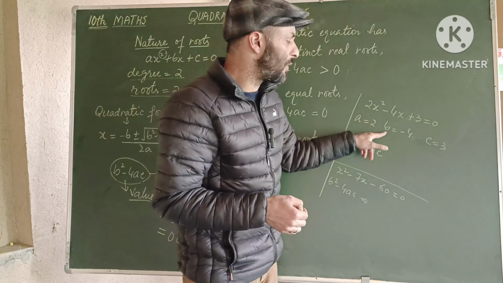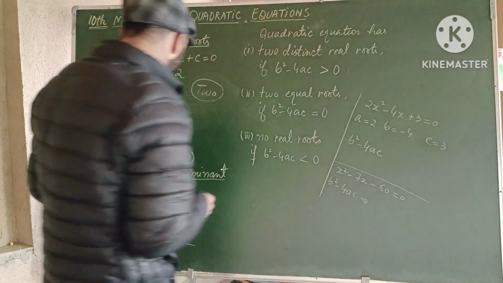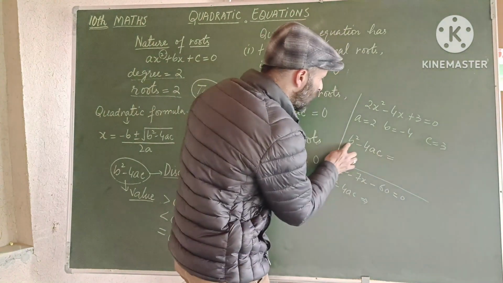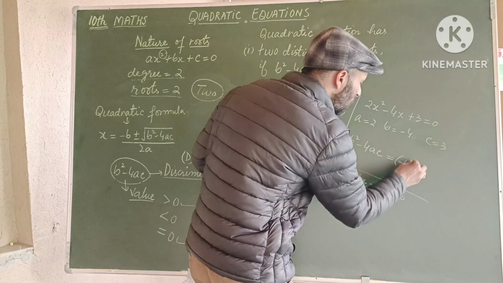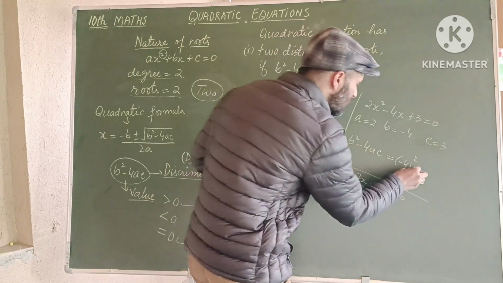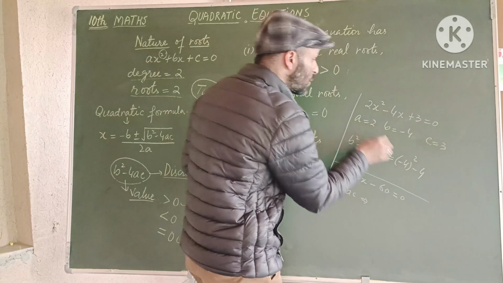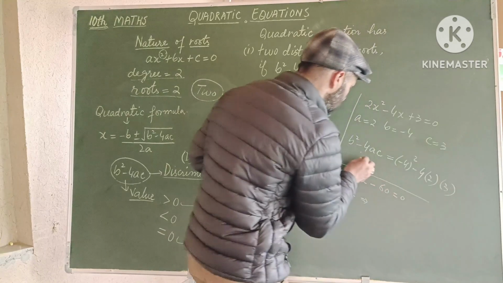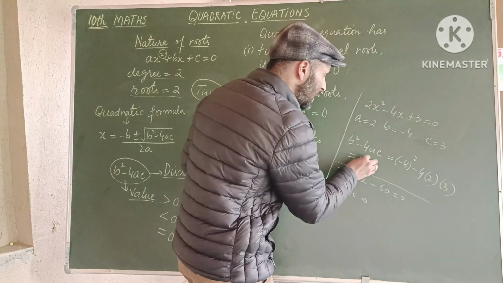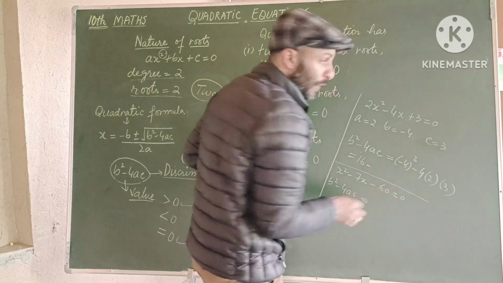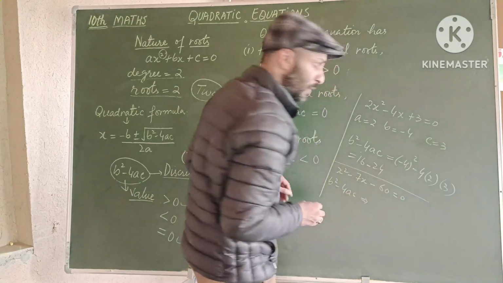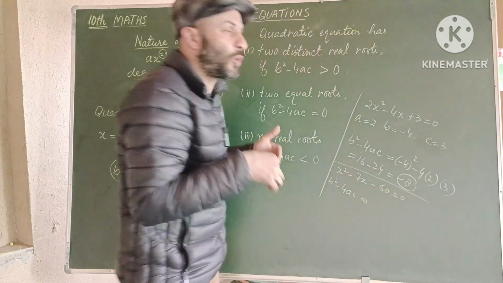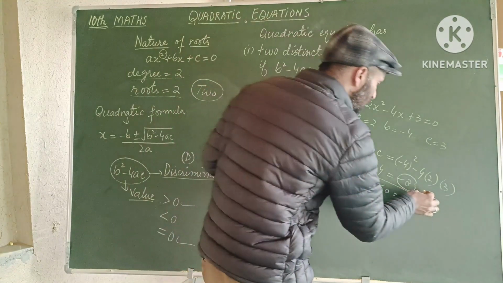Now b square minus 4ac is minus 4 square minus 4 times 2 times 3, which is 16 minus 24, so minus 8. This is less than 0, which tells us there are no real roots.